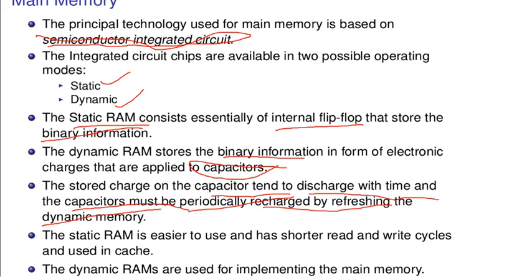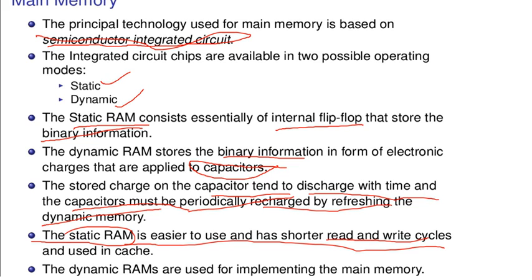But due to some properties of these electronic circuits, the static RAMs are easier to use and have shorter read-write cycles. Means if you want to read some data from static RAM, or write some data on the static RAM, it is easier to use. So static RAMs are easier and faster.